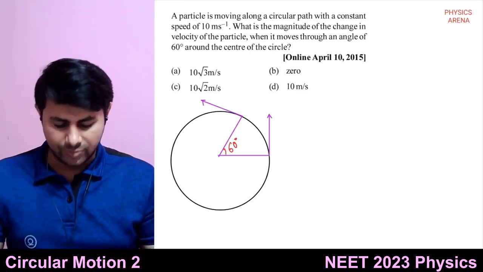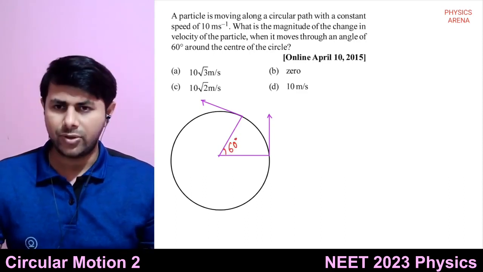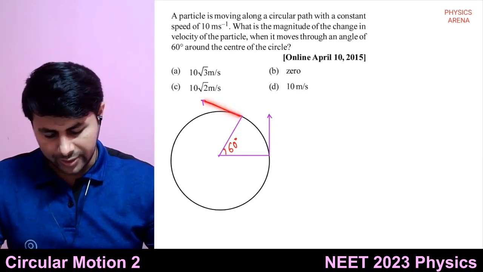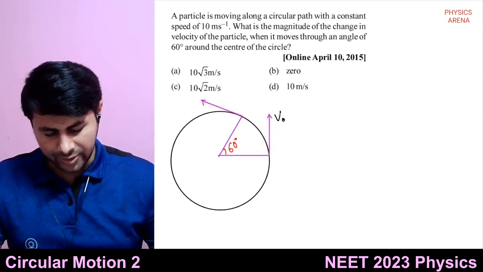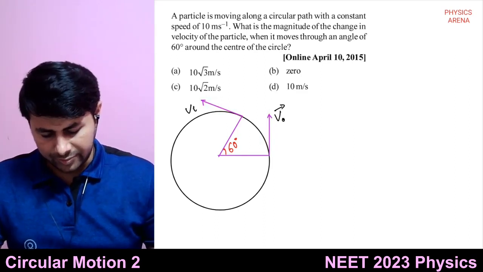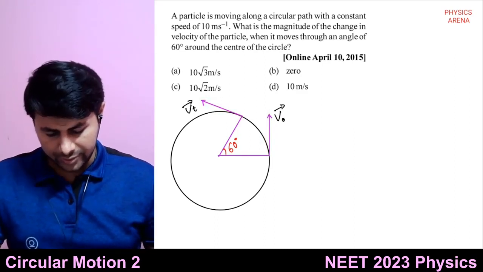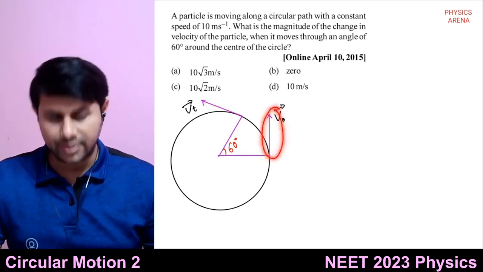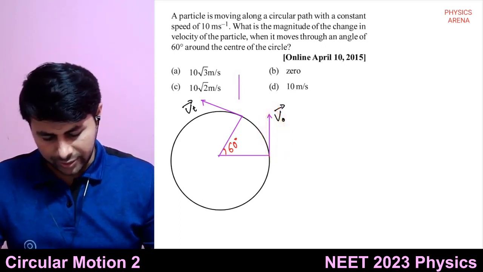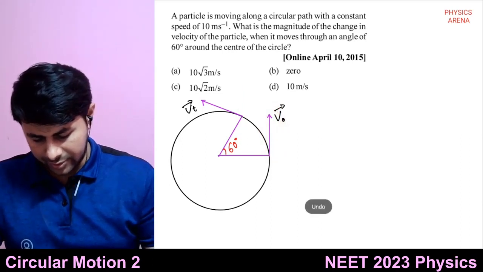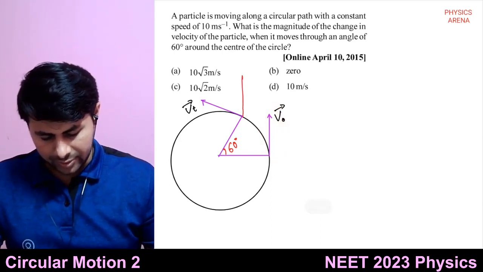And now you are asked to find the change in velocity. What do you have to do? You have to subtract this initial velocity, you can call it Vi or V0, from Vt. So how to do that? Take this vector, put it over here.